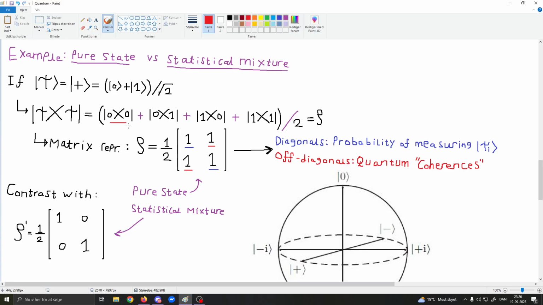So 0, 0 is like the 0, 0 coordinate in a matrix. 0, 1 would be, I'll admit, I forgot what's first and second axis in a matrix. I think this is 0, 1, either that or it's this one. I forgot, but you know what I mean.